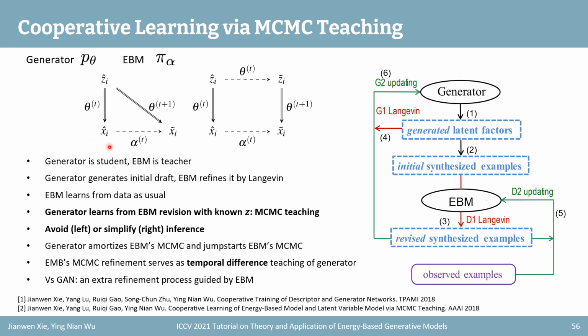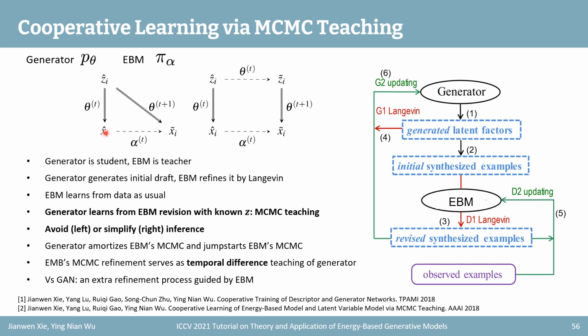And then we treat the generator model as an approximate sampler of the EBM. So therefore, we run a finite number of Langevin dynamics towards this EBM pi alpha under the current parameter. So you can think of this xi tilde as a revision of this xi hat generated by the generator.